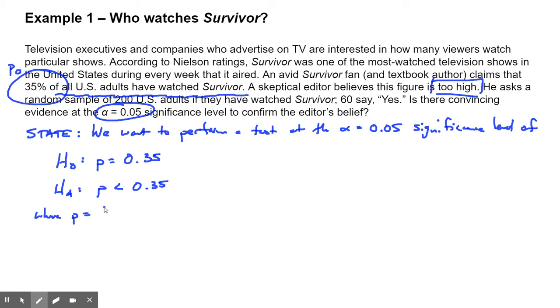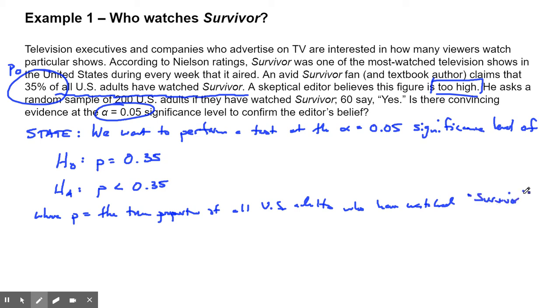P equals the true proportion of all U.S. adults who have watched Survivor. And there we go. So that's the state part.